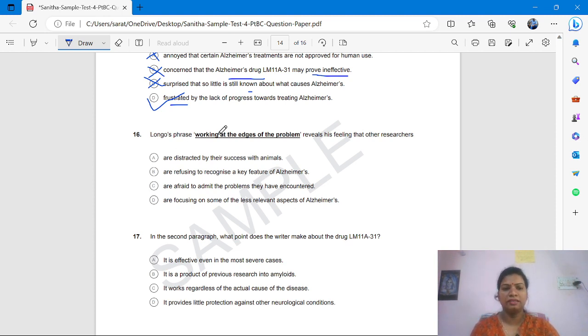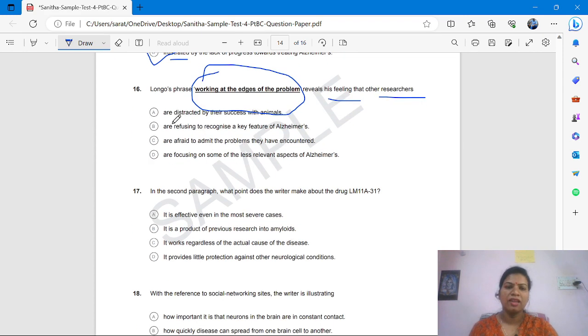Longo's phrase. Here is a phrase: working at the edges of the problem reveals his feeling that other researchers. What is his feeling about other researchers?